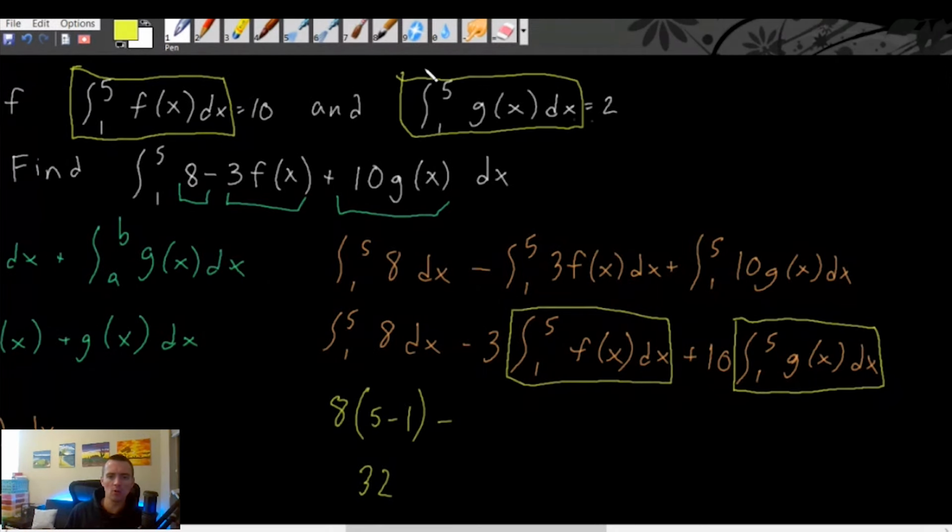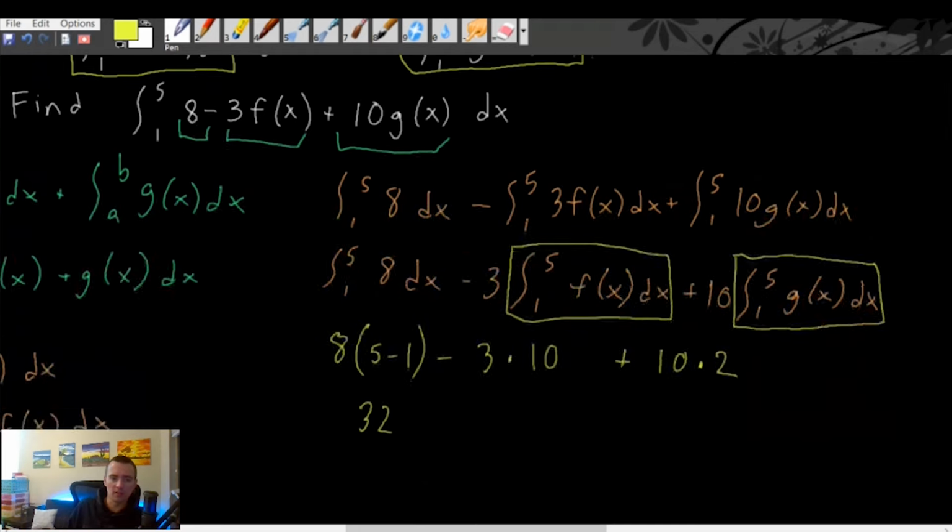Okay, so we know that this integral from 1 to 5 of f of x dx is just equal to 10. So we can replace this whole thing by 10. So we're just going to have 3 times 10. And then we know that the integral from 1 to 5 of g of x dx, this piece here that's in the box, is just equal to 2. So we're just going to get 10 times 2.